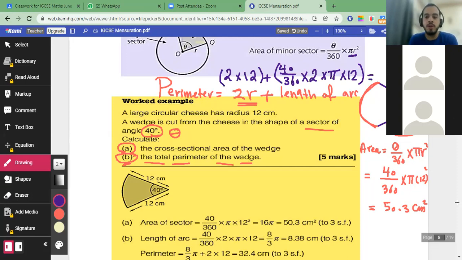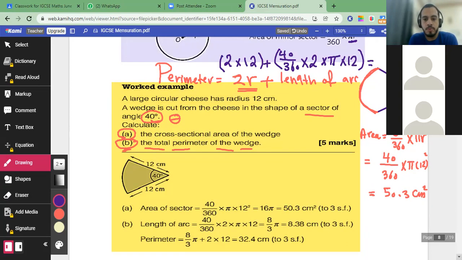يلا ممكن نحسبها كده كلنا. How can I write the pi on the calculator? You have pi shift, 1 minute.